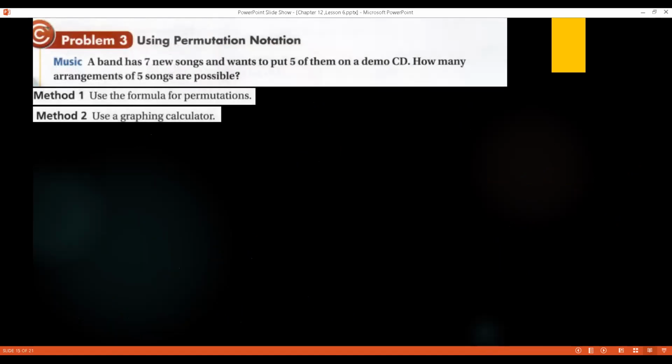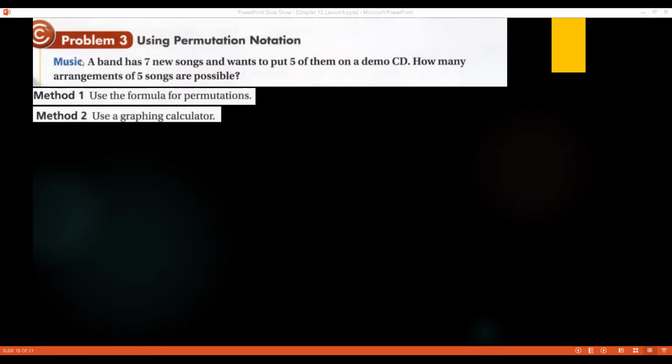Now, in this problem, you have to see what I should use. Shall I use permutation or shall I use combination? By now, we don't know what combination is, but here you have a word problem and you want to ask yourself whether to use permutation or combination, and where you have to put number 5 and where you have to put number 7.